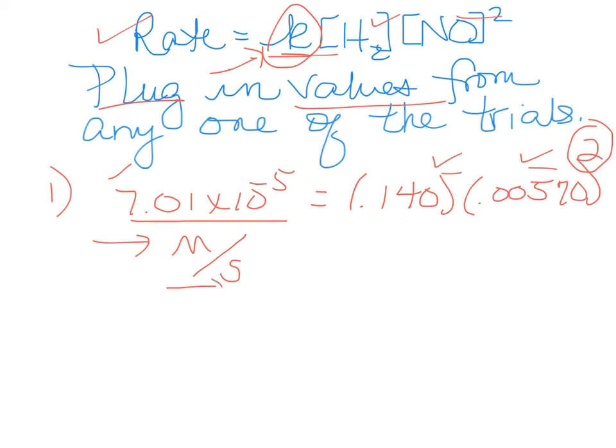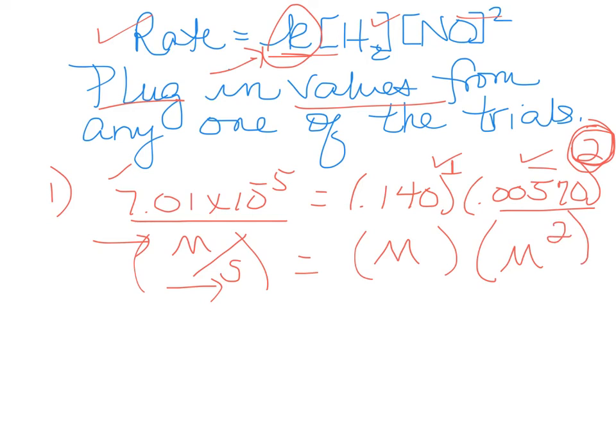And in this case, time is seconds. The units for concentration is just molarity, since it's an order of 1. And units for this, since it's an order of 2 or squared, is molarity squared. All right, so pay attention to those units when we rearrange to solve for K.